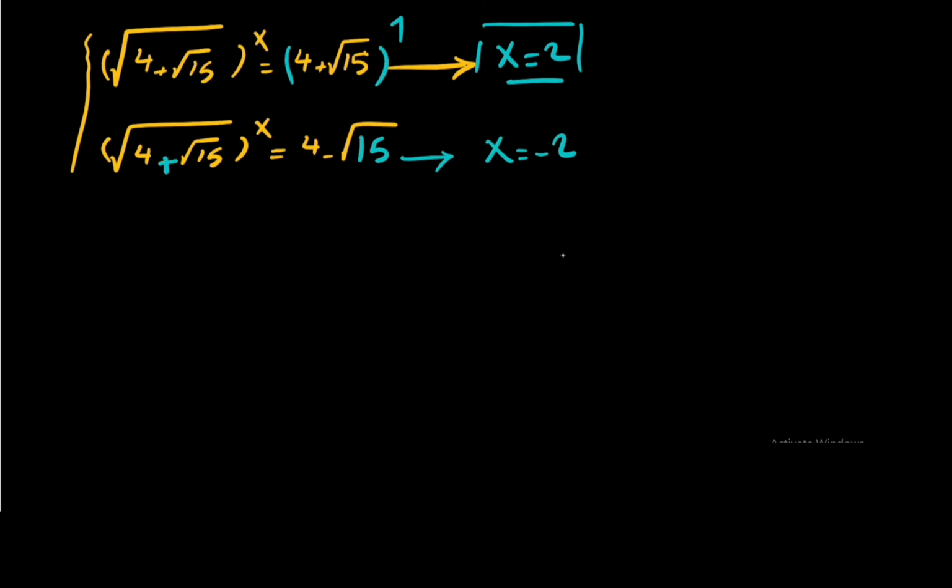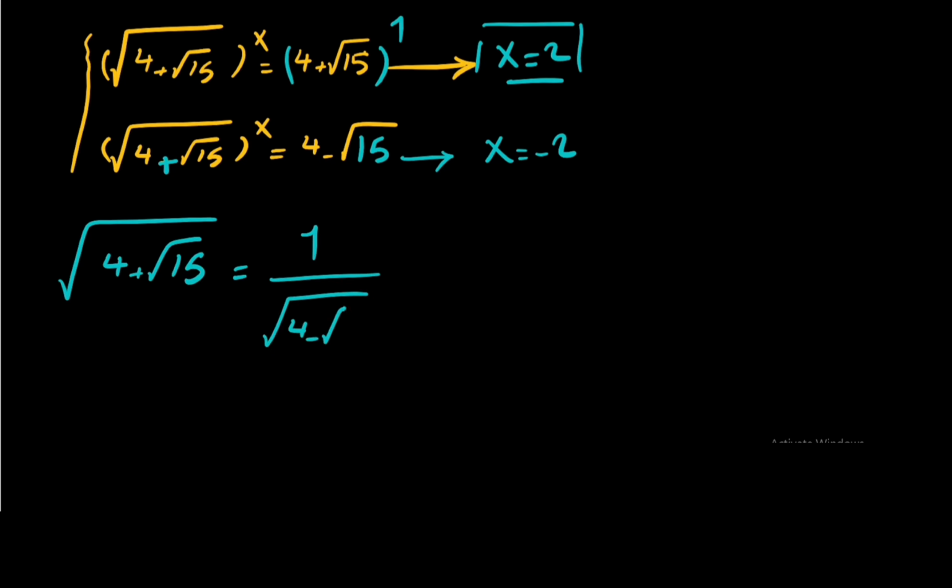Why? Because I told you that square root of 4 plus square root of 15 is equal to 1 over square root of 4 minus square root of 15. So if for example you want to write this, if you use x equal to 2 like the first one, you will have 4 plus square root of 15.